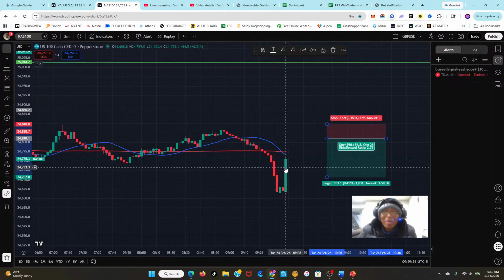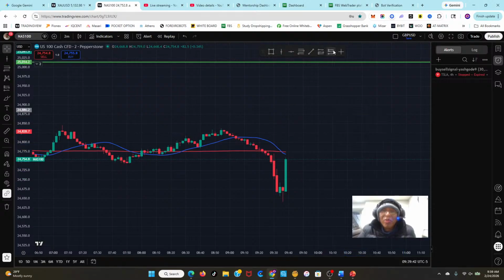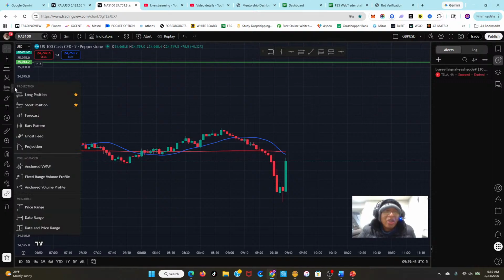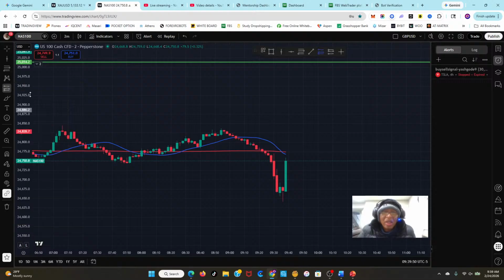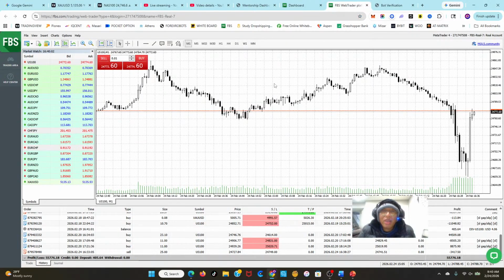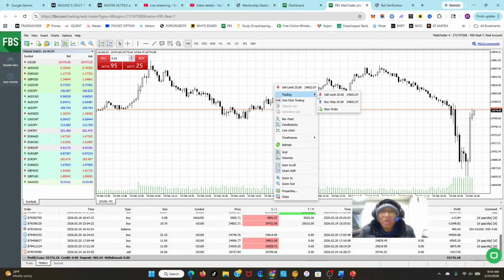Yeah, you see that's a bar. Let me remove that. So there's a clear change of direction there, and this bar is closing in a few seconds, so we don't have to wait for it to close. We want to get in, so we're gonna take a trade in the opposite direction.